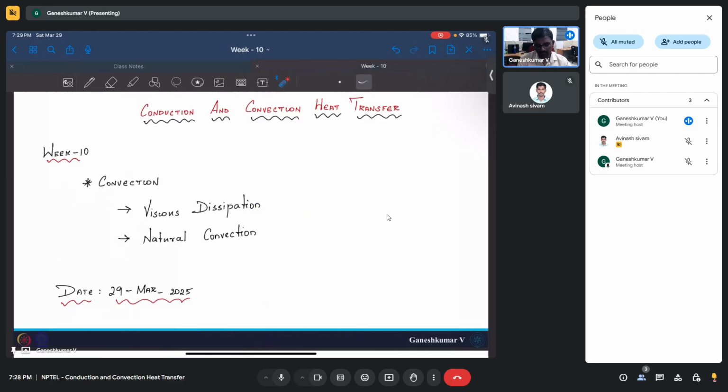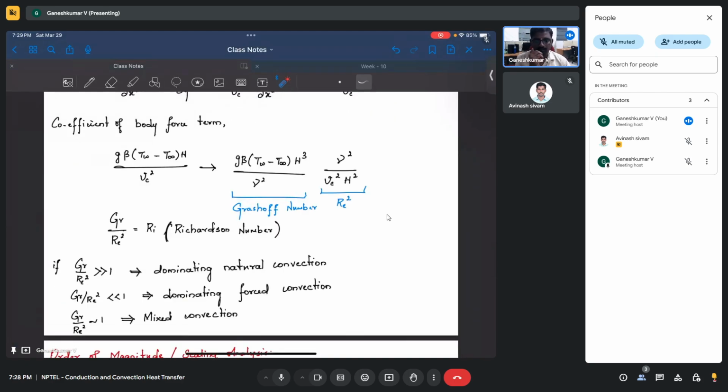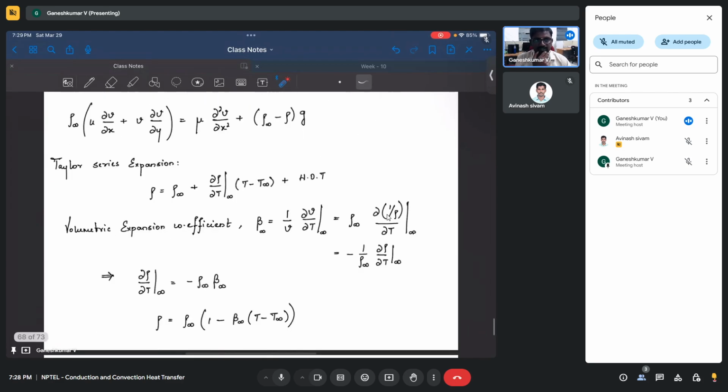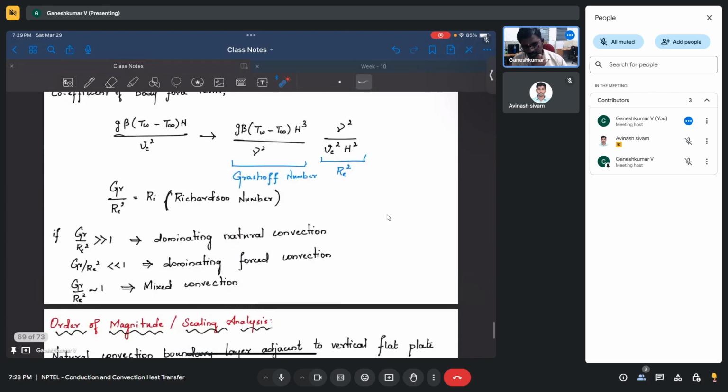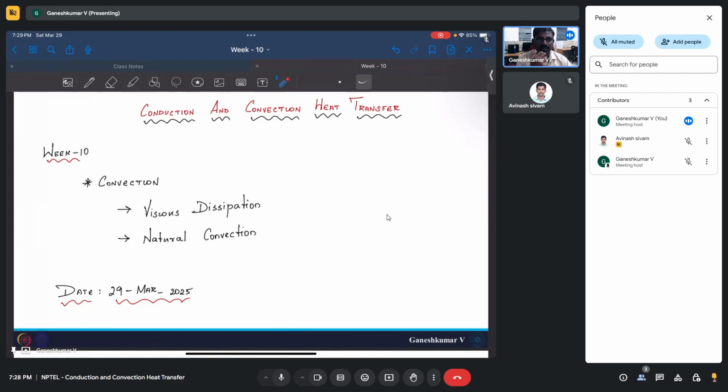Before we move on to problem solving, we are not going to do natural convection this week, although I discussed it a little. If you have any questions regarding natural convection, you can ask me next week, and we will solve one question in natural convection. But this week we are going to stick with viscous dissipation.